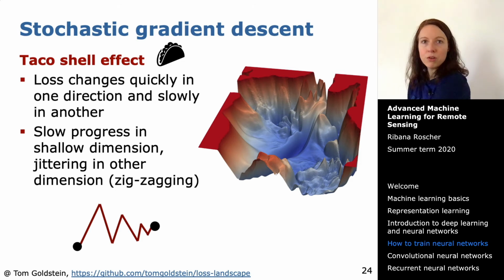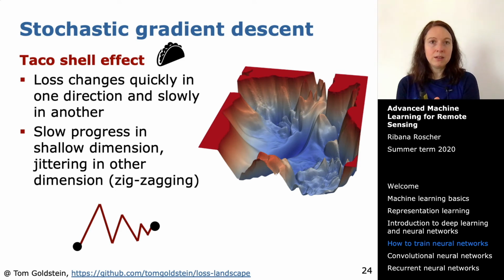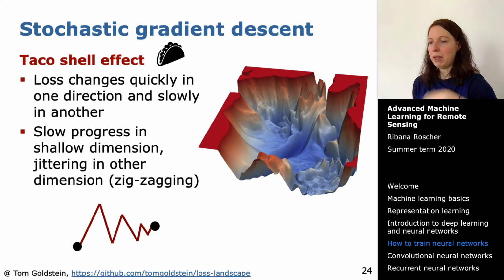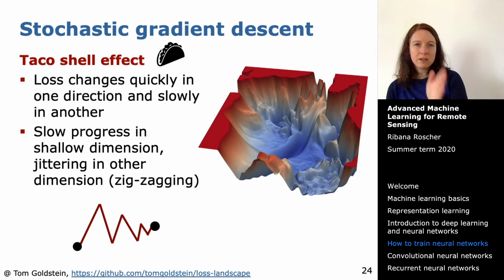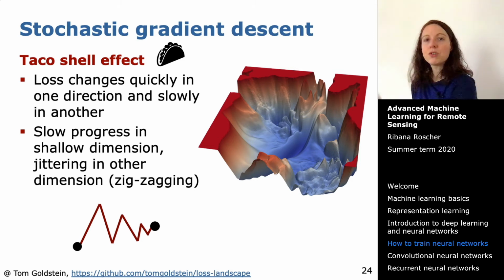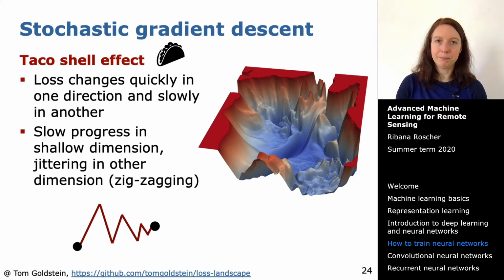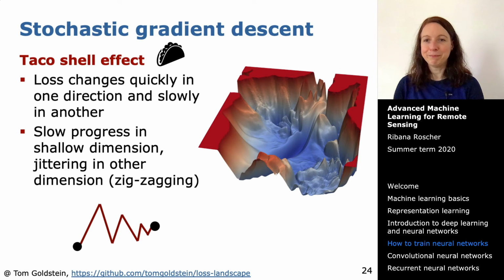You will likely overshoot in this direction, and in the other direction the gradient is very small. So you move not so much in this direction, but you apply the same learning rate. It's not that you apply a different learning rate for different dimensions. So what happens is that you have zigzagging behavior. You're moving very slowly in one direction, but you're overshooting all the time in the other direction. And then you do the zigzagging in this taco shell.